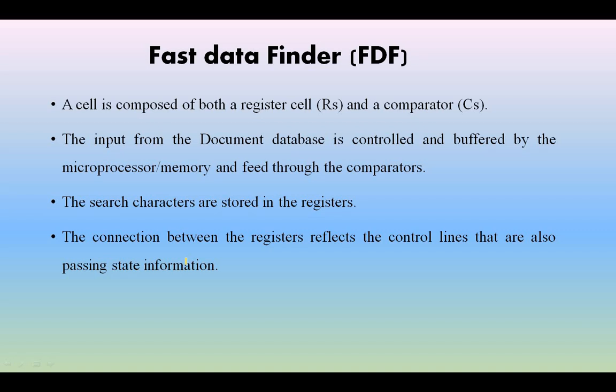The connections among the registers reflect the control lines that are also passing the state information. Whatever information they have extracted will be stored in the registers. So a cell is a combination of a comparator and a register, as we have seen.